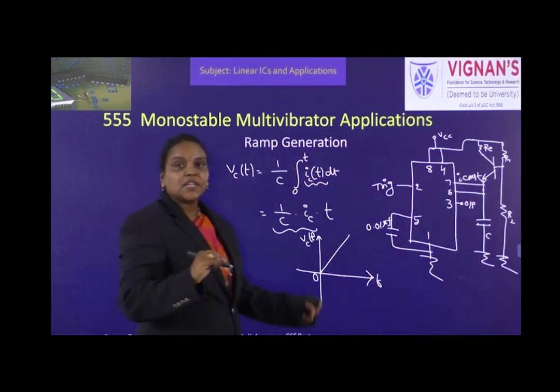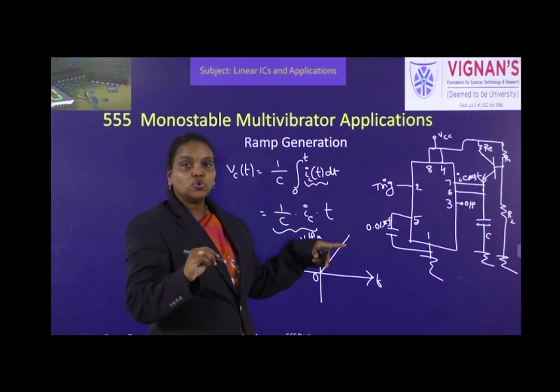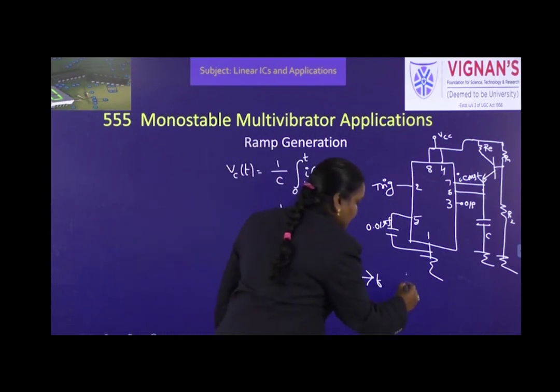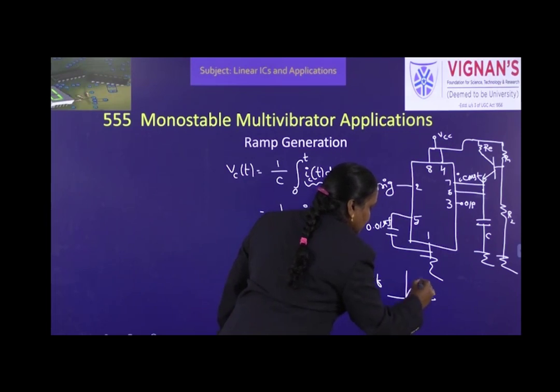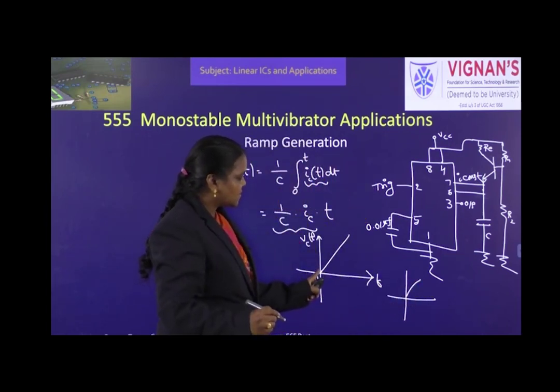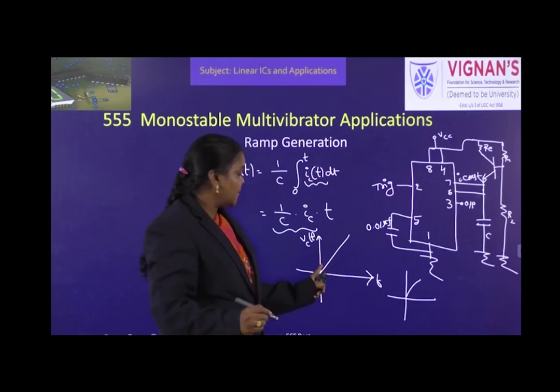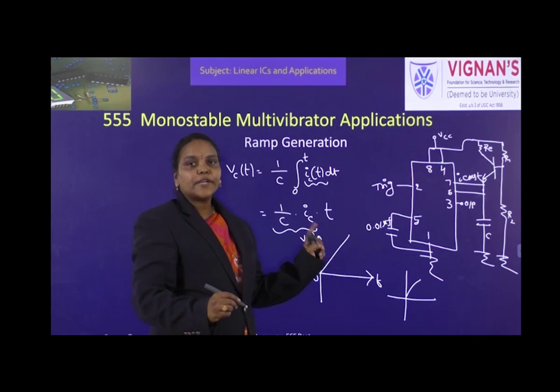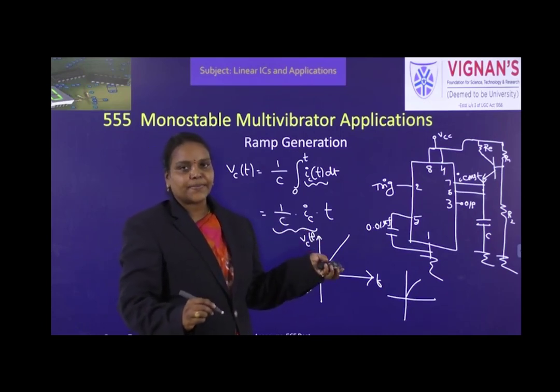So when a capacitor is charged through a constant current source, what happens? Instead of charging like this, when it is supplied with constant current, it will develop its voltage linearly. So it provides us a linear ramp.